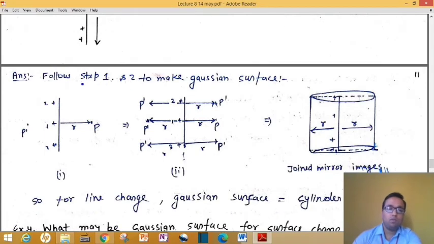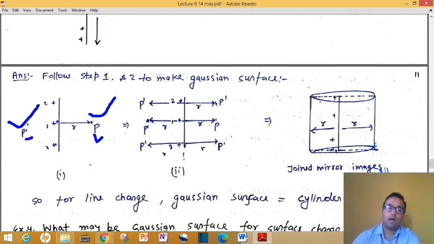Follow step 1 and step 2 to make the Gaussian surface. Suppose we consider a point P at a distance R from this distributed charge, and we make its mirror image, P dash.